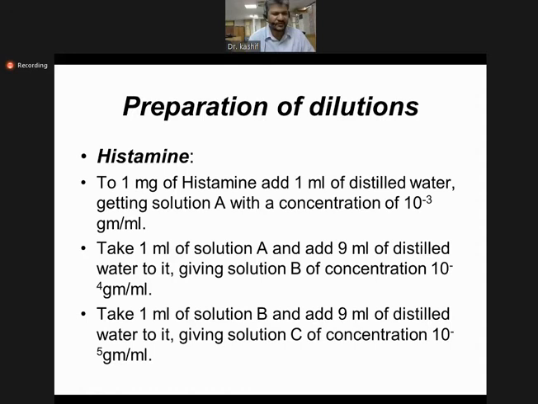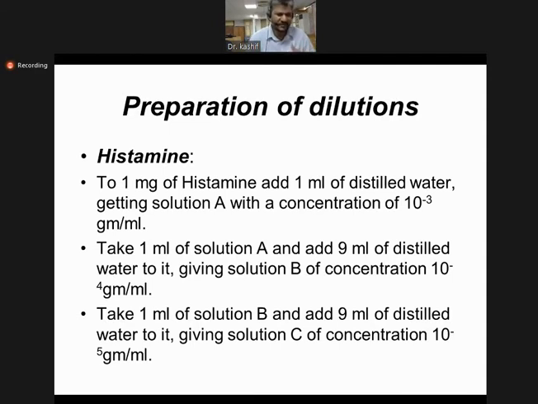Then obviously you serially dilute it. What is a serial dilution? You take out the chemical and dilute it tenfold. Tenfold is simple: you take 1 ml of the parent solution and add 9 ml of distilled water.